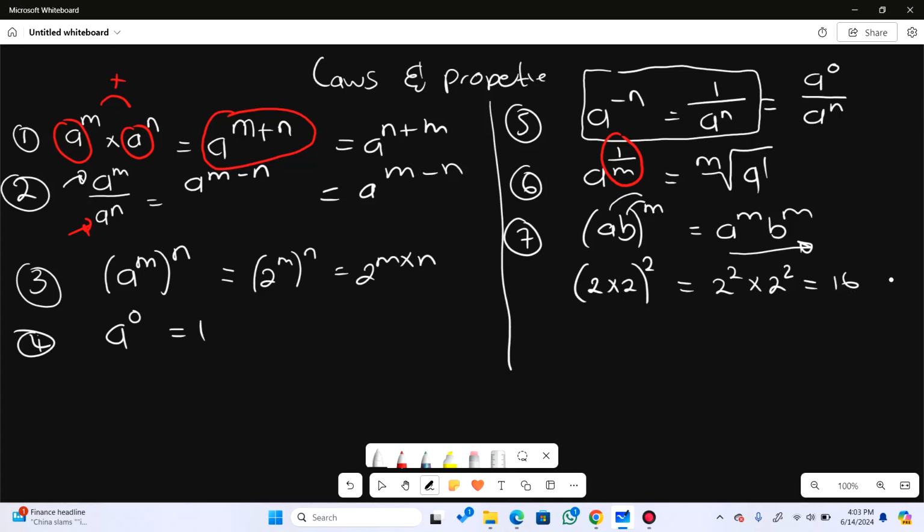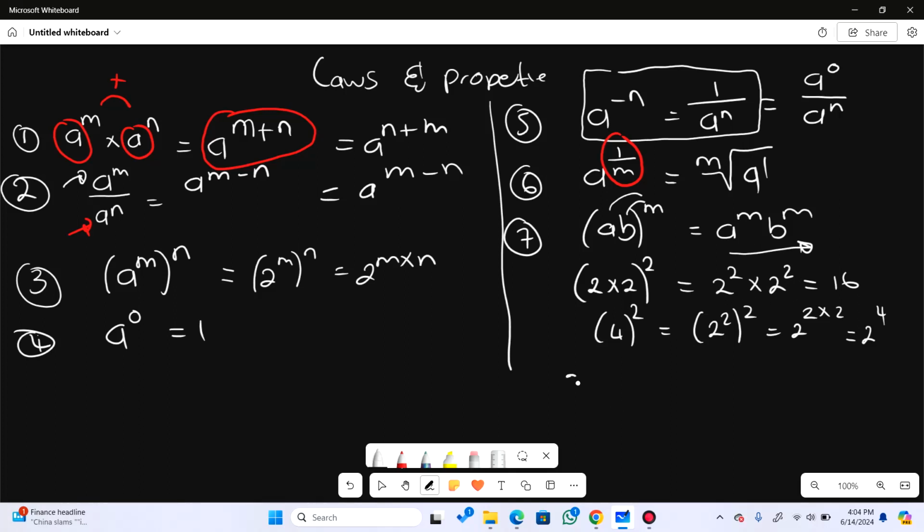So the answer here will give us 16, or you could have said 2 times 2, which is 4 squared, and then notice that 4 squared is the same as 2 squared, which is the same as 2 times 2. Which in that case will give us 2 raised to the power 4, which is 16. Very important. So we notice this.